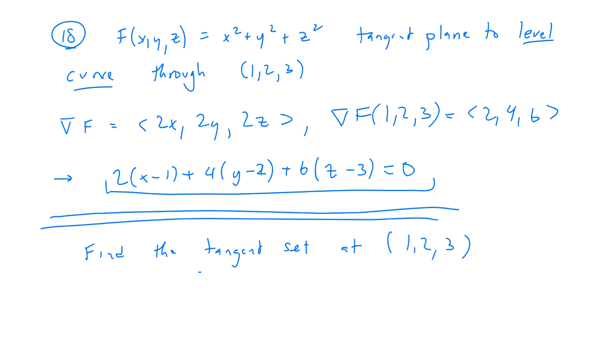If I just said find the tangent set at the point, so find the tangent set for the function, then you would start off the same way, but then you would put in the point and get 14, and then you would get something like that, 14 plus 2x minus 1.